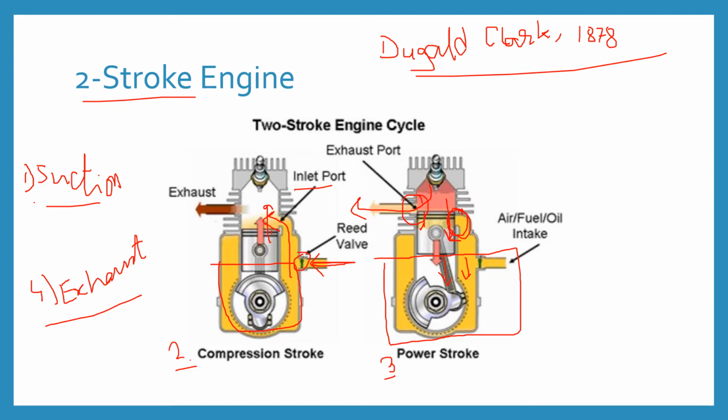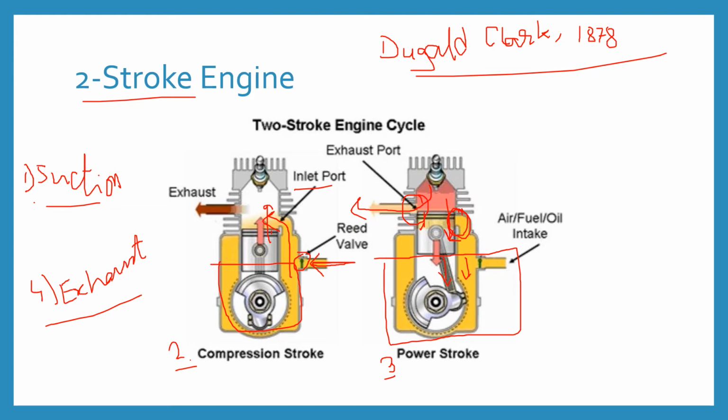When the piston reaches the TDC, the air which is present in the combustion chamber is compressed, and the ignition occurs.